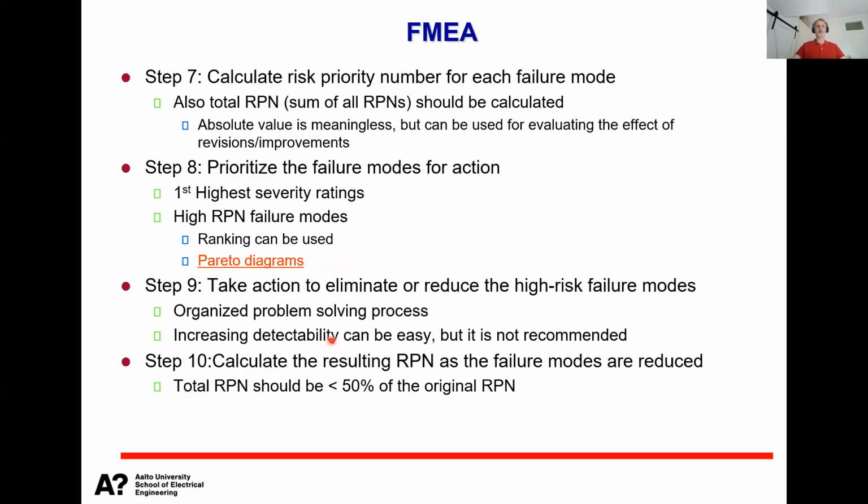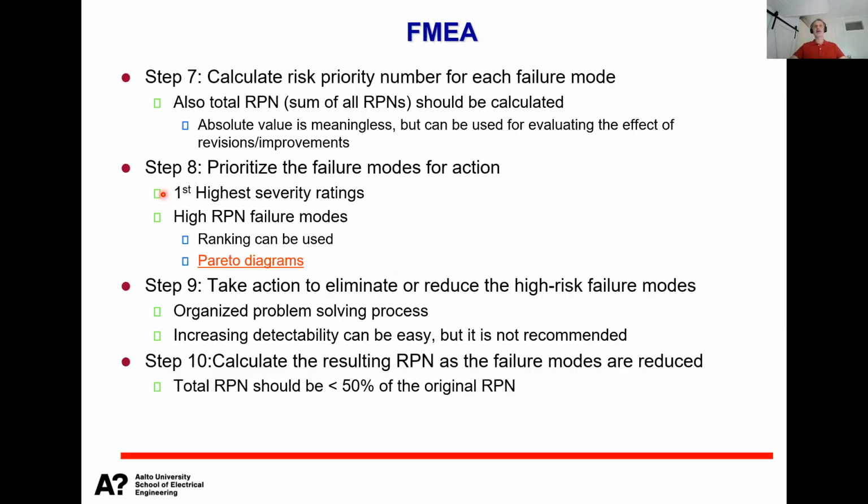There could be, for example, this kind of approach that first you check the highest severity ratings. So you first go through all those failure modes which have a severity ranking of either 9 or 10, and you work on those. You can leave them out, as I said, only if the detection and occurrence are ones.